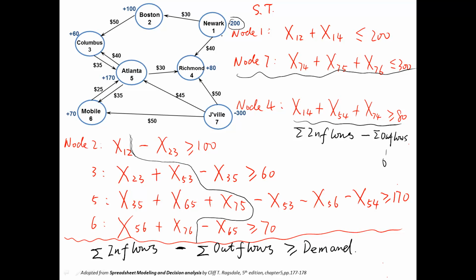Okay, so change this to negative 200. And I'll ask you to think about it to see if you can change the format of the supply nodes also to inflows minus outflows greater than or equal to a demand or the supply.